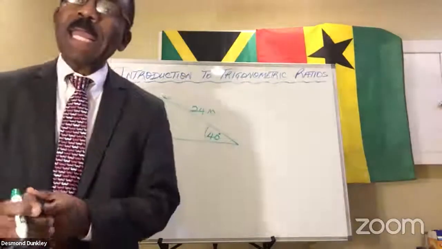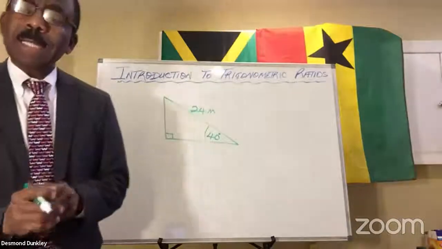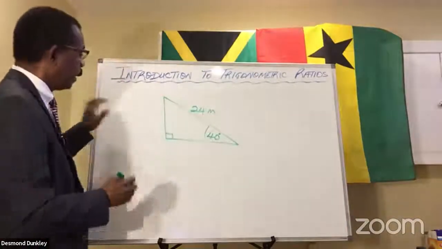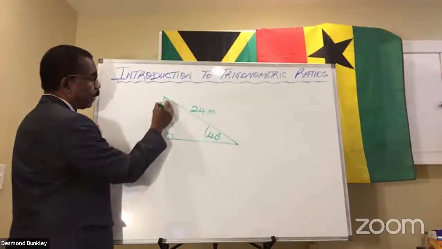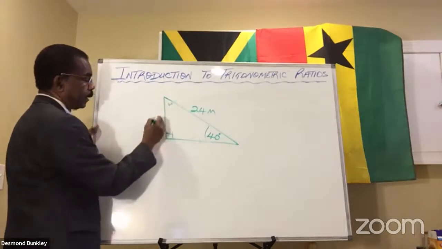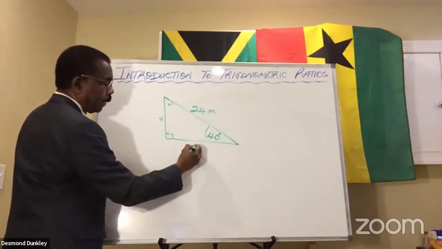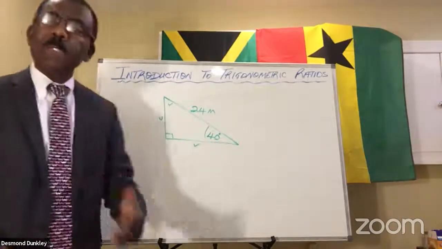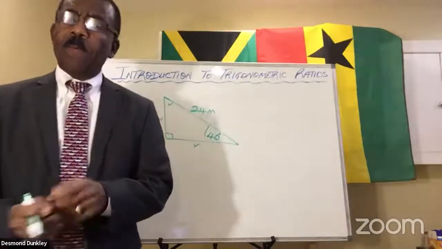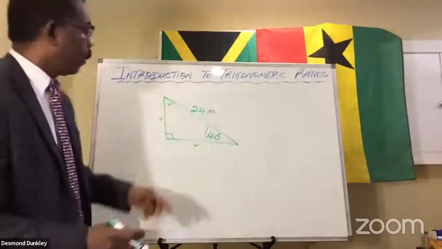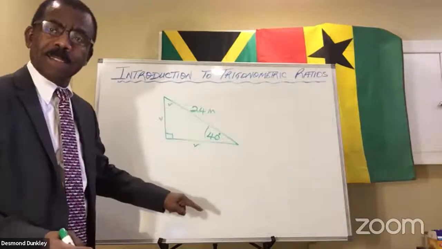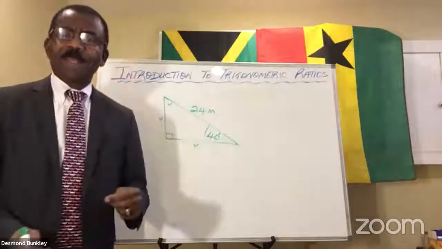There is a principle that will allow us to find everything that is missing. Well, we know this, we can find this, we can find this, we can find that, and we can also find the area. With the Pythagorean theorem, we need to have two sides to find the third.